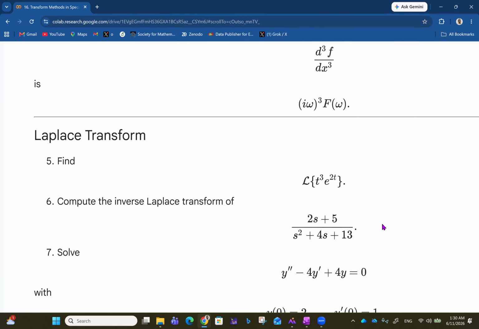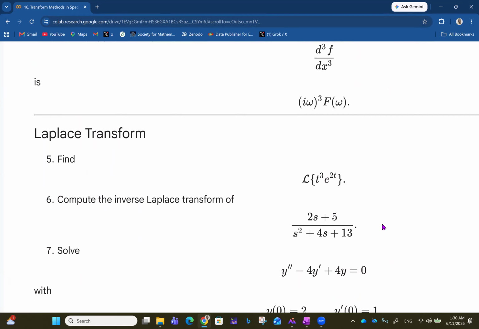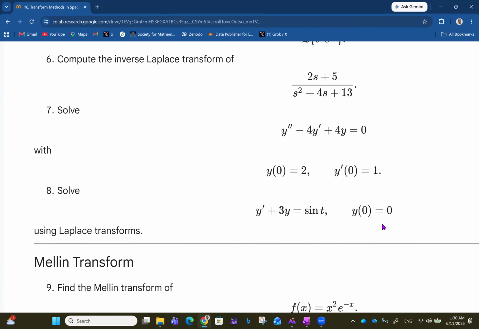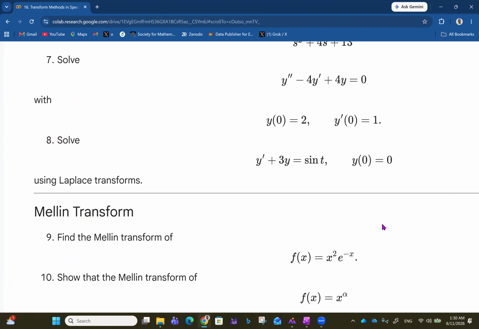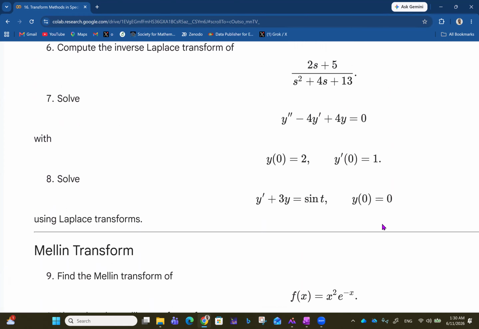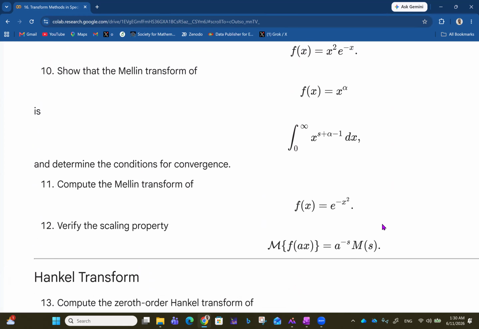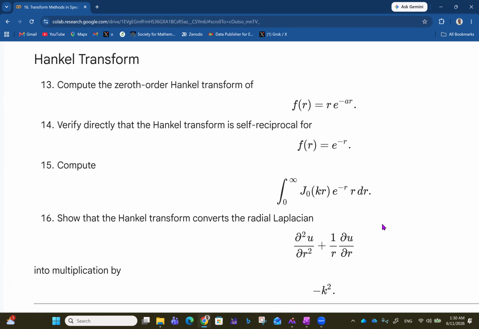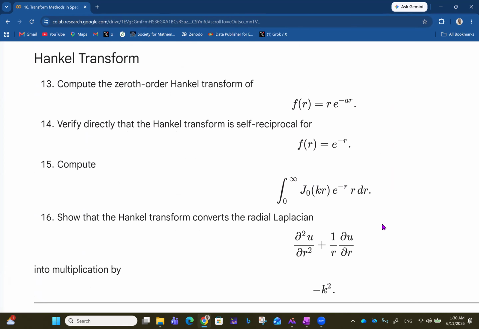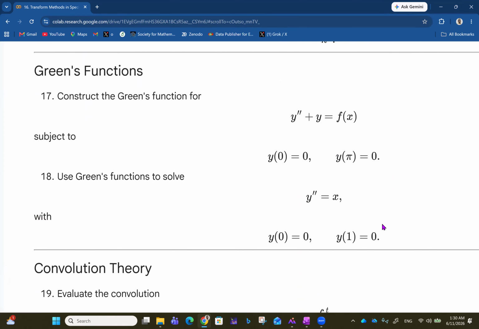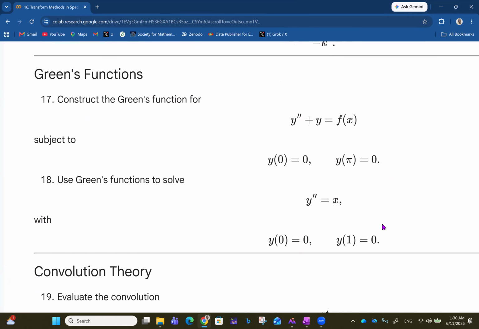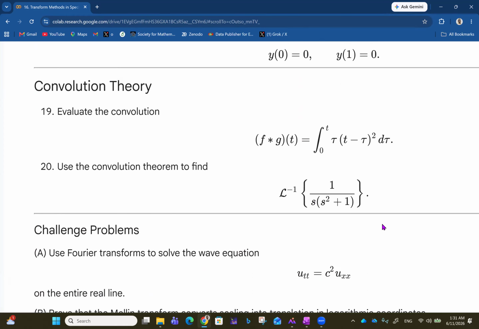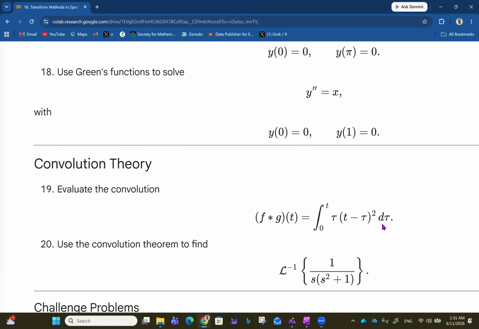Then we have 4 to 6, then 7 to 9, then 10 to 12, then 13 to 16, then 17 and 18, and finally 19 and 20, which I just did now.